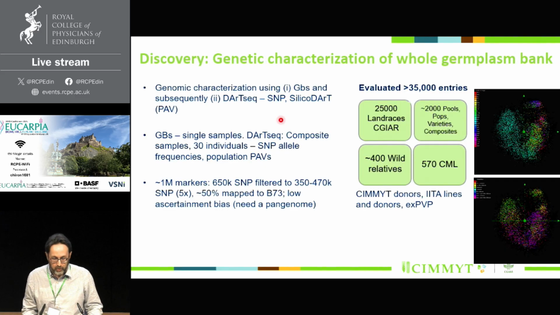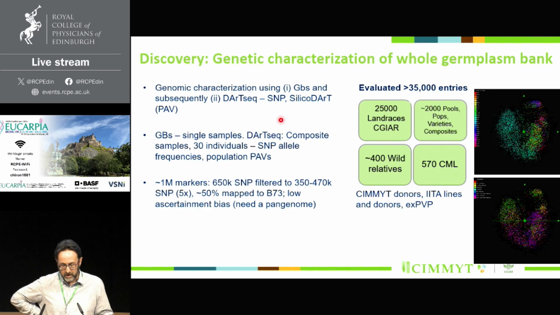A second starting point is we can go from the genetics angle. So we genetically characterize the whole germplasm bank. So for maize, that was basically 25,000 landraces, a couple of thousand varieties and composites and things from our breeding pools, some wild relatives.